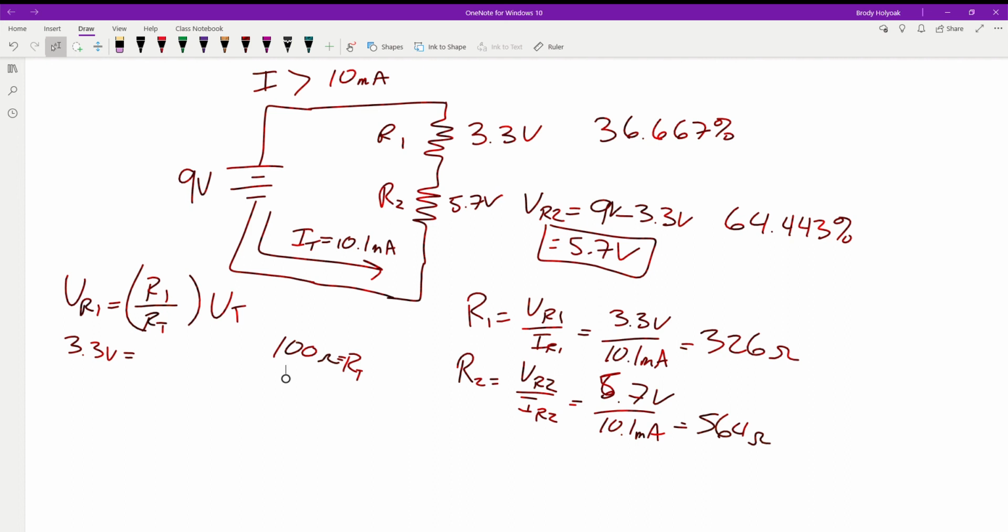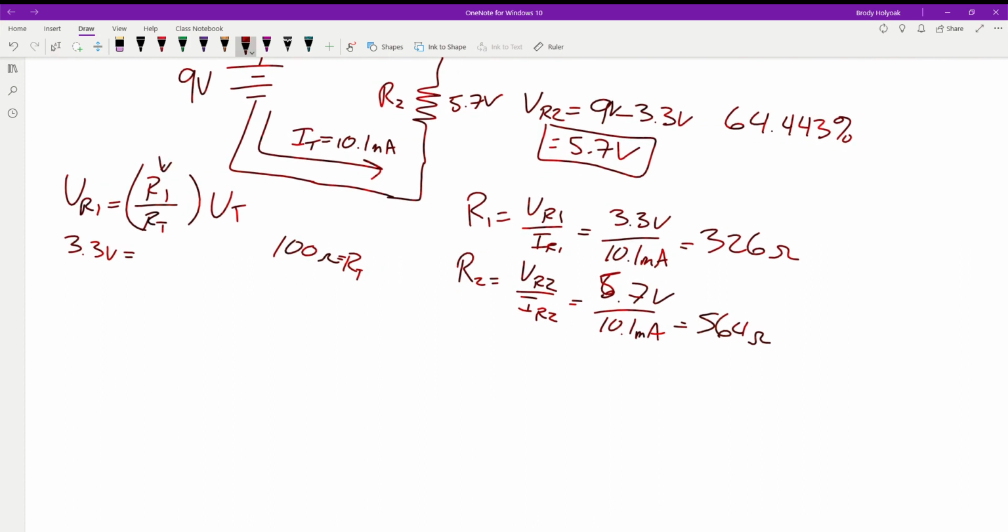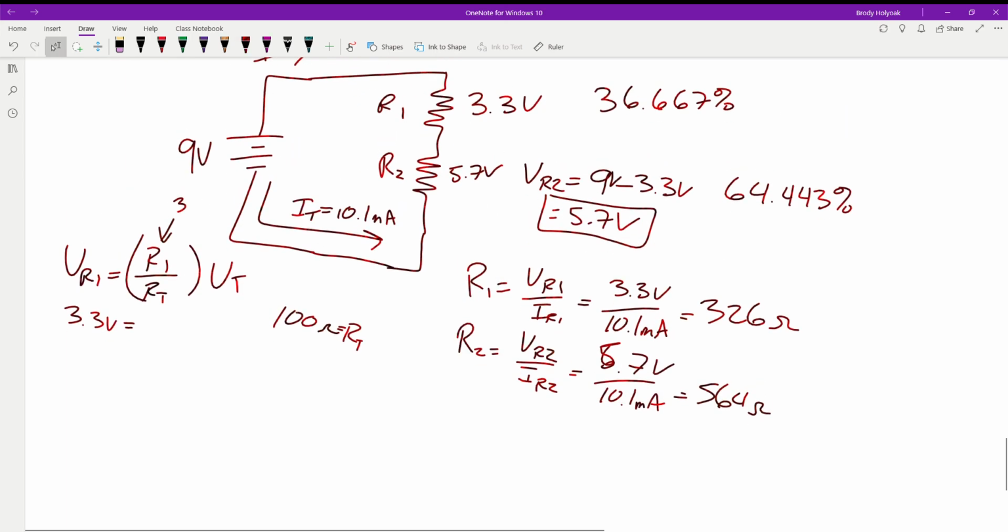So in this case, this ratio right here, this is the 30. That's the 36.667. So we know that this value here has to equal this percentage. I arbitrarily decided I wanted to pick our total to be 100 ohms, just to make the math simple.